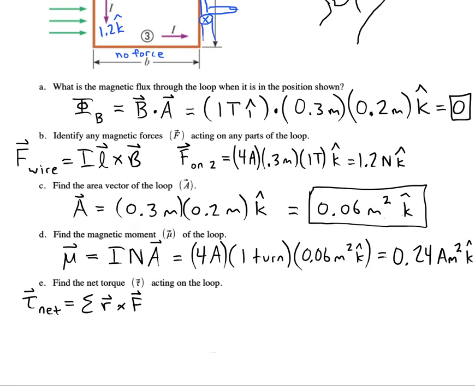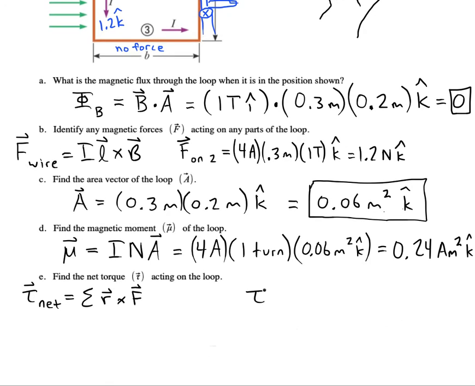So the other option is to use the formula torque equals mu crossed with B. Like that's what the magnetic moment is for. It's for finding the torque on an object due to the magnetic properties that it has. So we can actually try both methods.